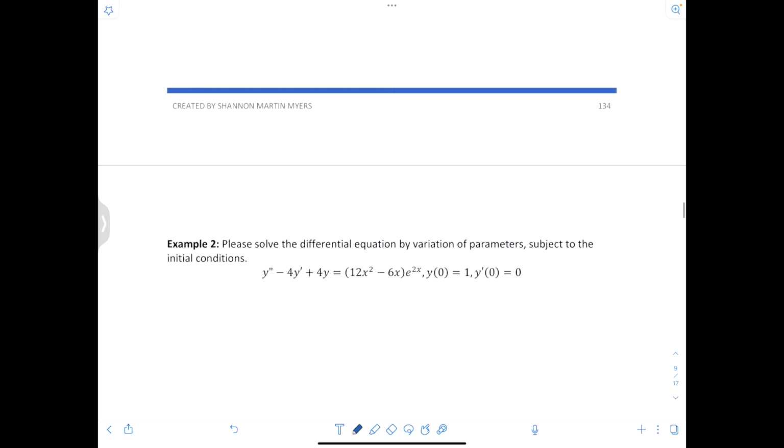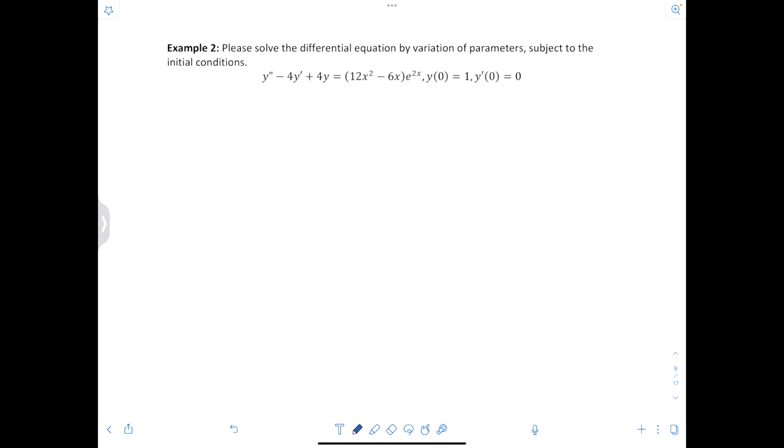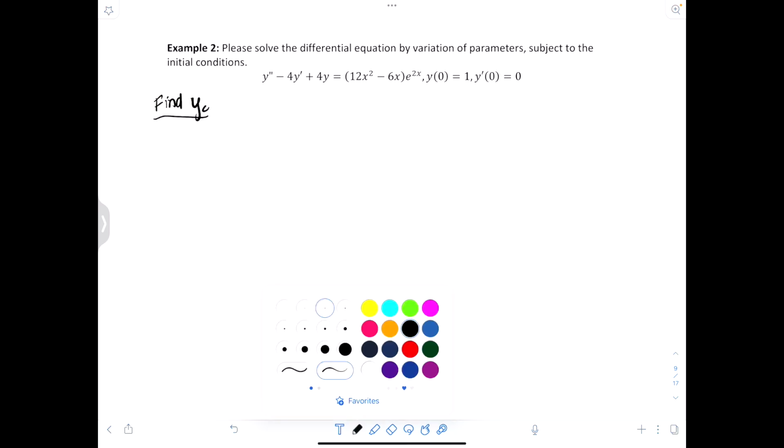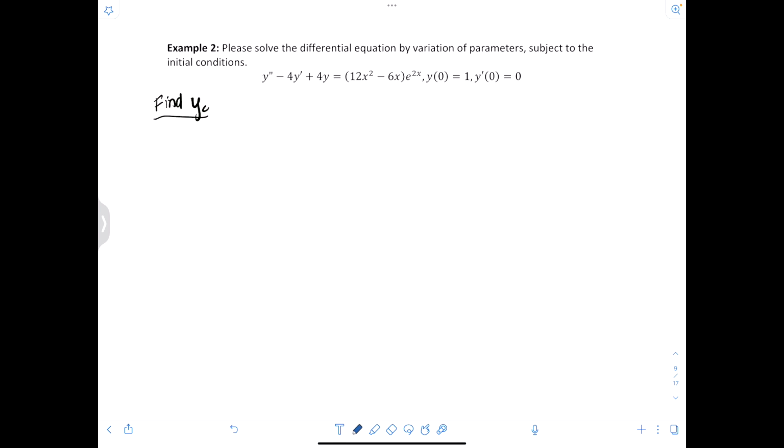Okay, so our next example is doing the whole thing, finding the solution, and then also utilizing the initial conditions. y at 0 is 1, y prime at 0 is 0. So let's check it out. So you go through the same steps. So you find yc. So in this case, we'll have m squared minus 4m plus 4 is 0.